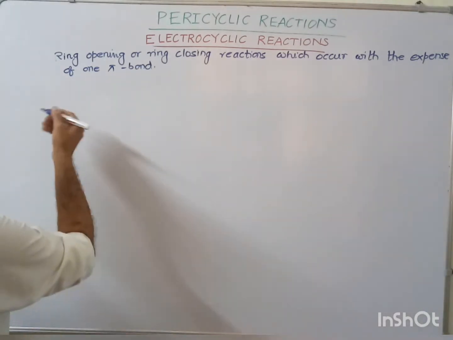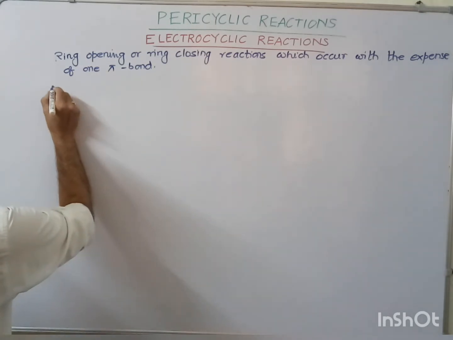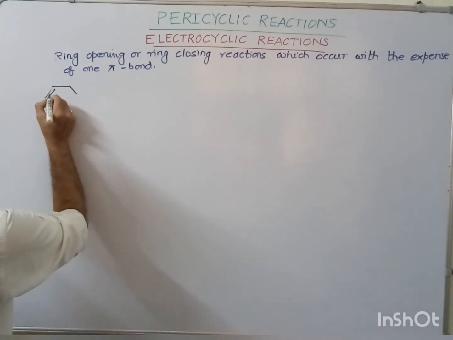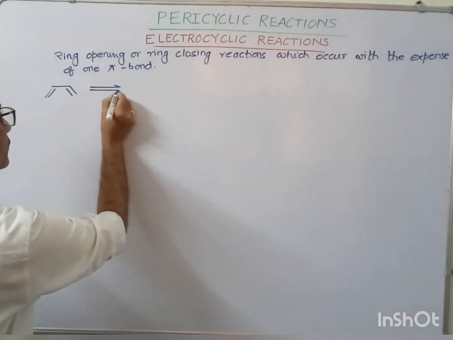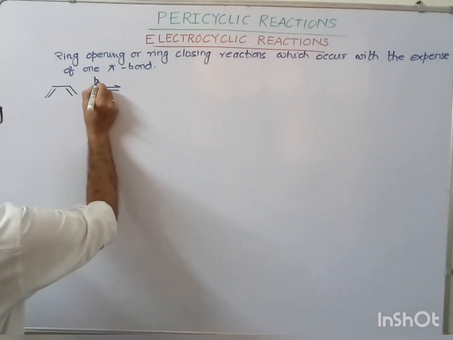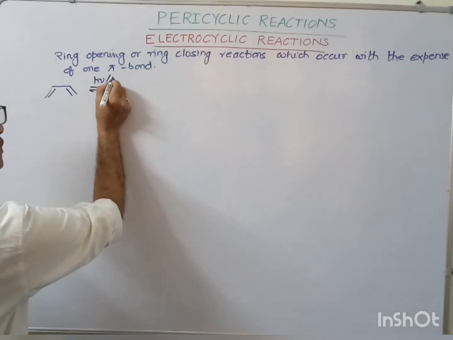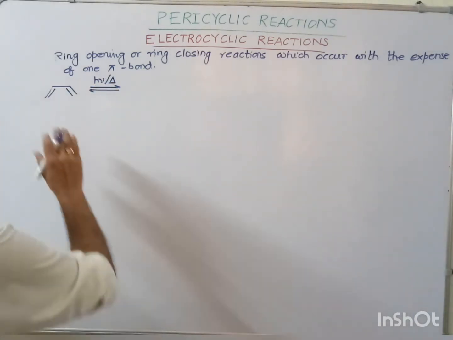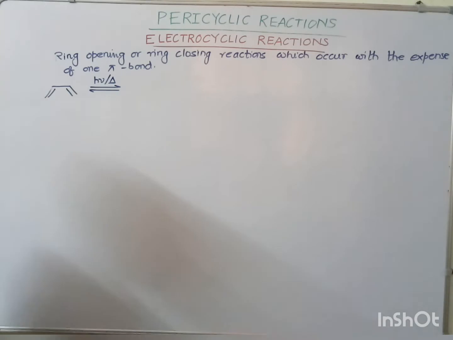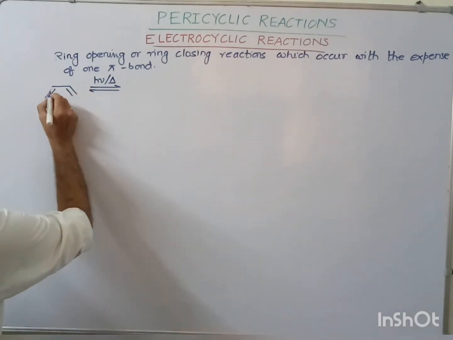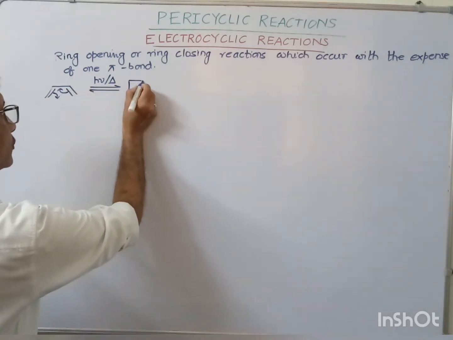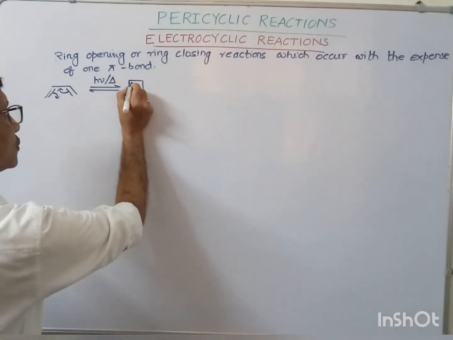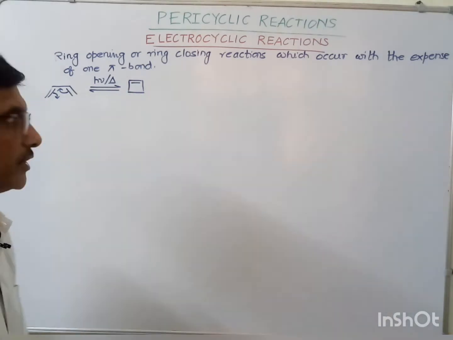Okay, so if you take the simplest example, the butadiene system, it may undergo a ring closing reaction in presence of either heat or light. By taking the energy, the cyclic shift of electrons will start, and that will be converted into cyclobutene.